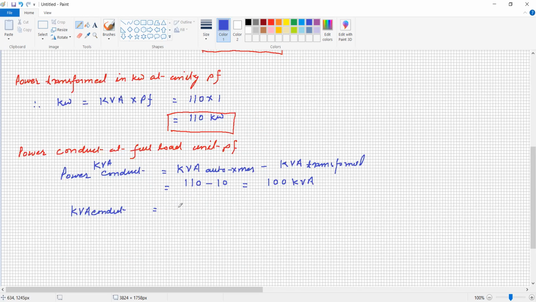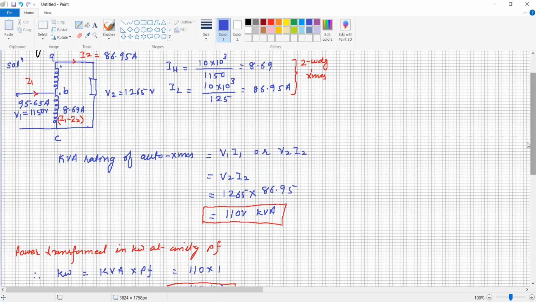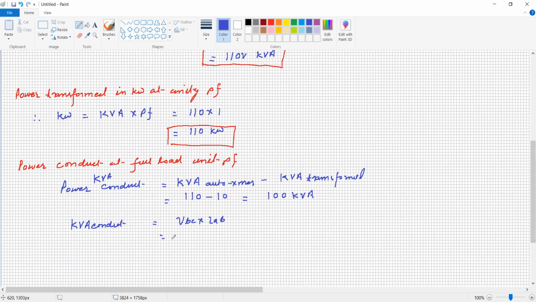kVA conducted is equal to VBC multiplied by IBC. So see in the circuit diagram, voltage VBC, B to C is 1150 and current IBC is equal to 86.95. So 1150 multiplied by 86.95, again it will be 100 kVA.